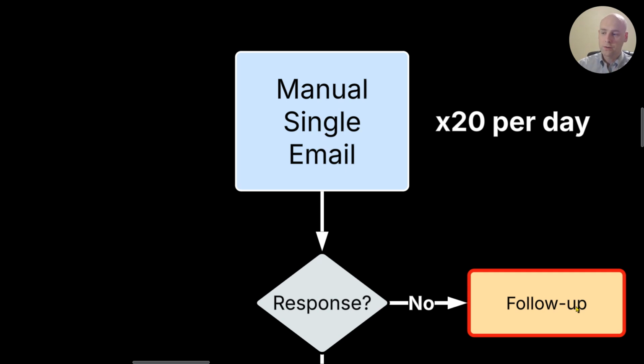So already you can see, this is the very beginning of the workflow. You can see how time consuming this is, to keep track of not only the new people you have to reach out to, but also the previous people you've reached out to who haven't responded yet. So that's the first stage of this workflow.